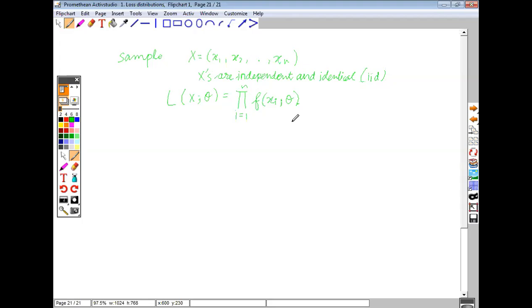So again, do you remember that we do not generally maximize the likelihood itself? What we maximize is something else. Does anyone remember? What do we maximize? Log of likelihood, right?